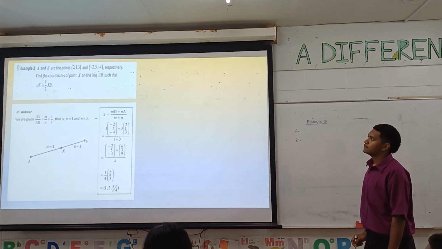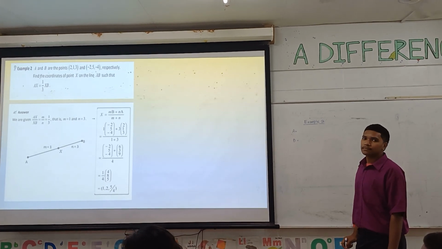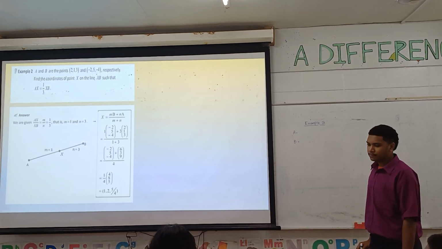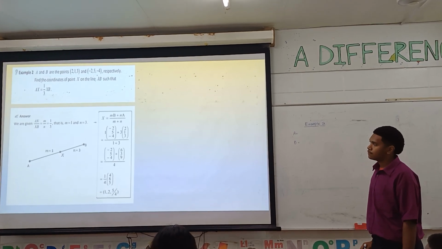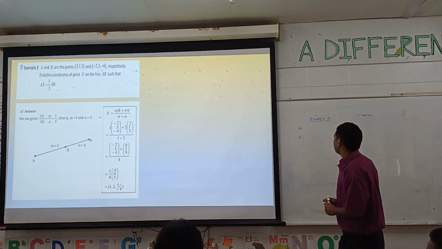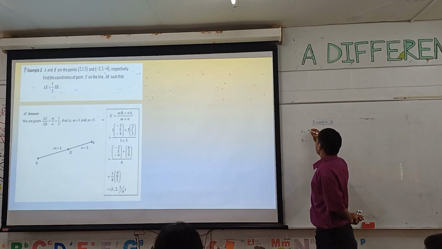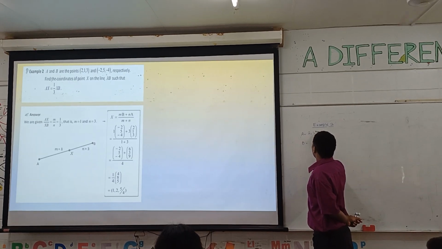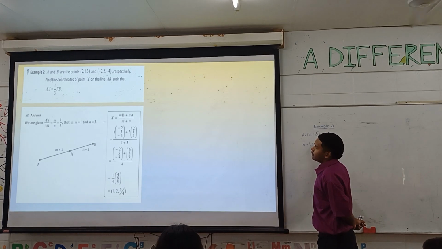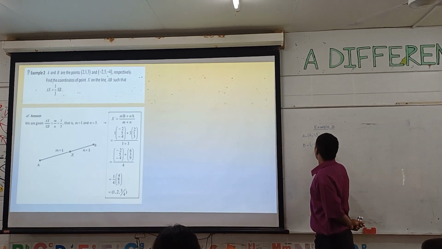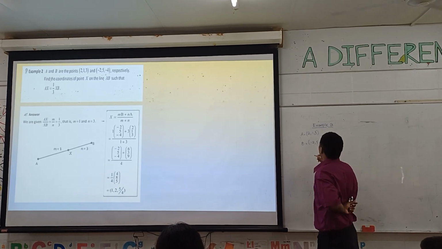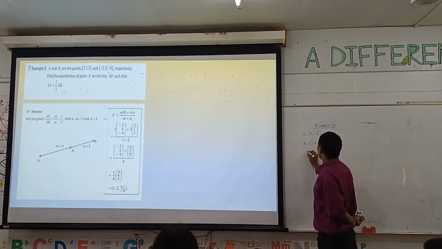Find the coordinates of point X on the line AB, such that AX equals 1/3 XB. Correct. And Erin, can you please tell me what is given? What is your A? (2, 1, 3). And B? (-2, 5, -4). Okay, and what is the ratio given?